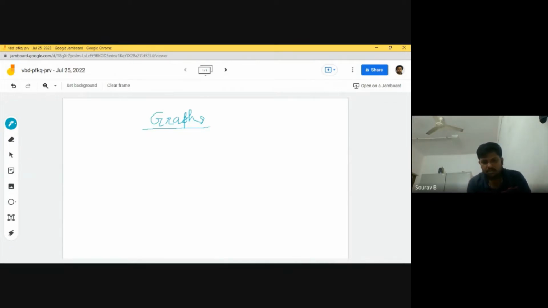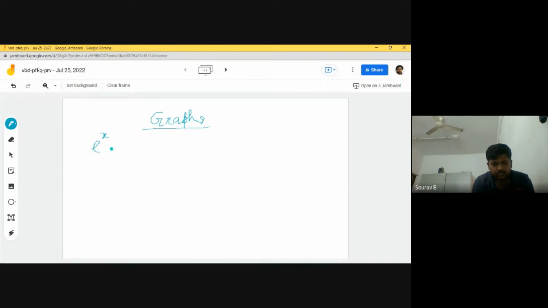If the problem is that you have to find out the number of solutions of a given equation, then plotting this graph will definitely help you. So let's begin.